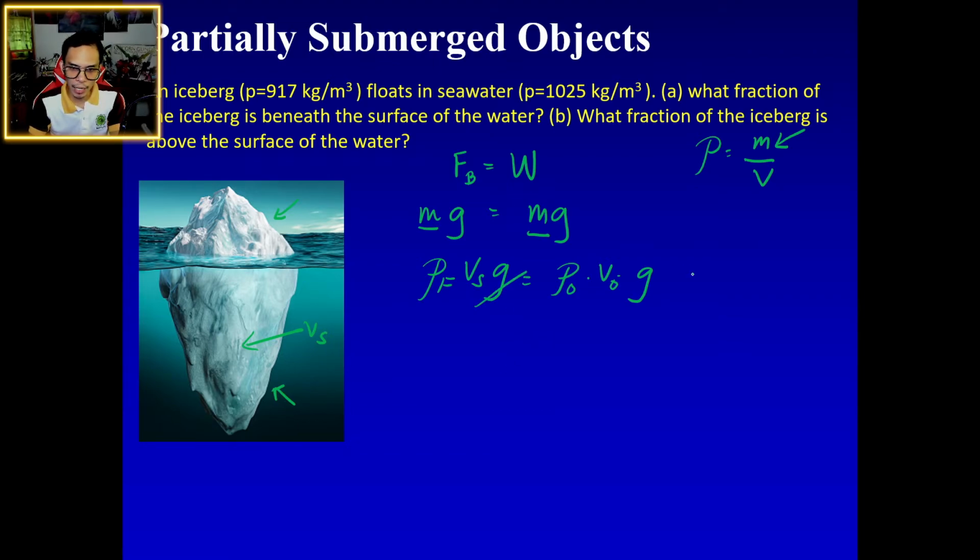Now, canceling out the g over here, we get the formula: P sub F times the volume of the submerged part of the object is equal to the density of the object times the volume of the object. Since we are looking for the fraction, we need the ratio between the volume of the submerged part and the volume of the object.